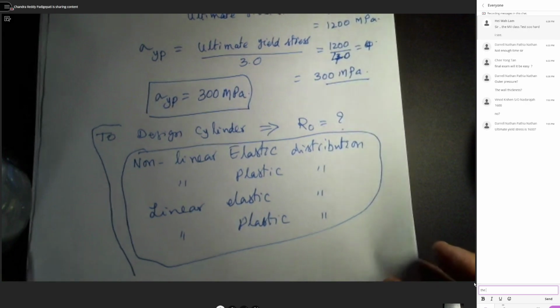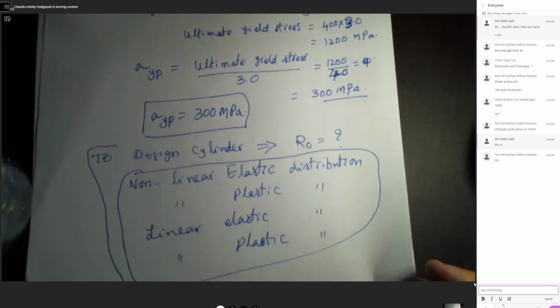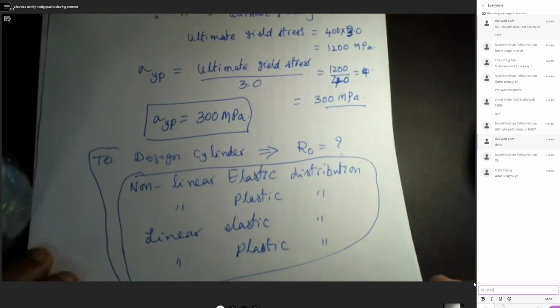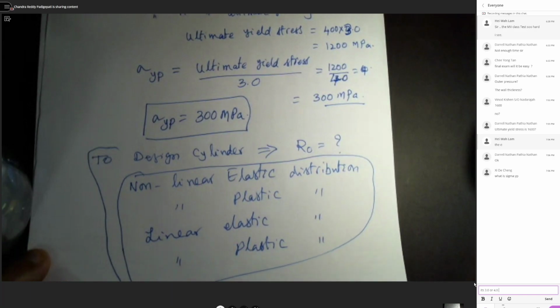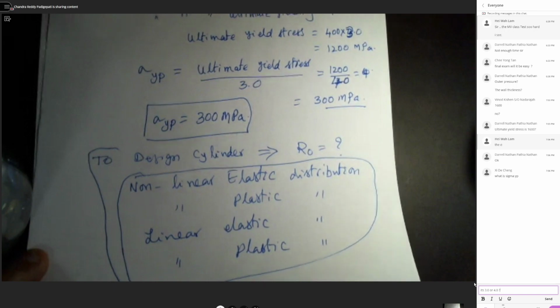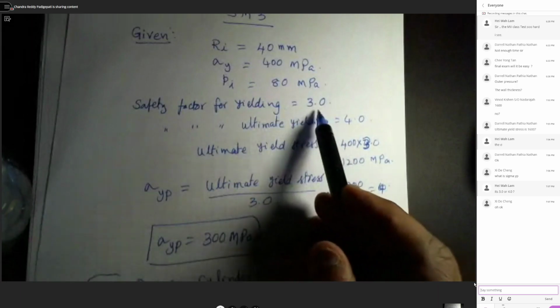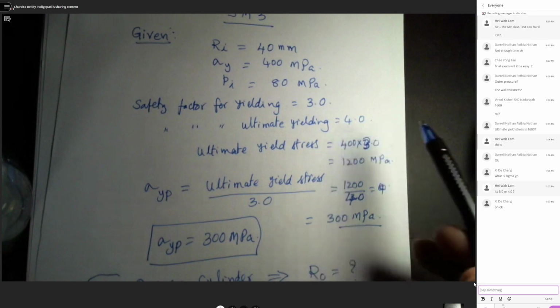What is sigma yp? Sigma yp is the plastic yield stress. For yielding, we need to take 3.0; for ultimate yielding, 4.0.